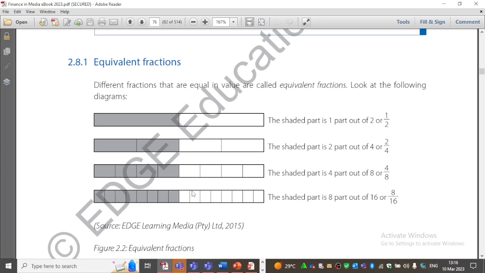When you see equivalent fractions, most of the time they will fall within the same number system, either odd or even numbers. That's how we can quickly identify whether these are equivalent fractions, because they give us the same value at the end of the day.